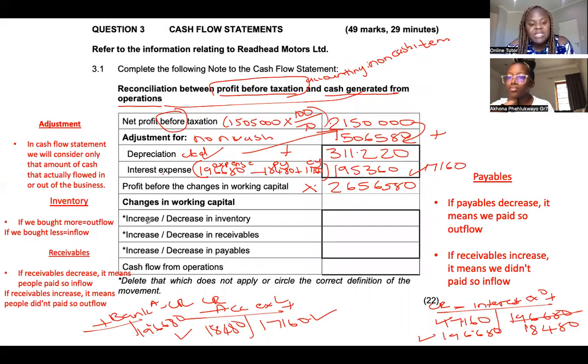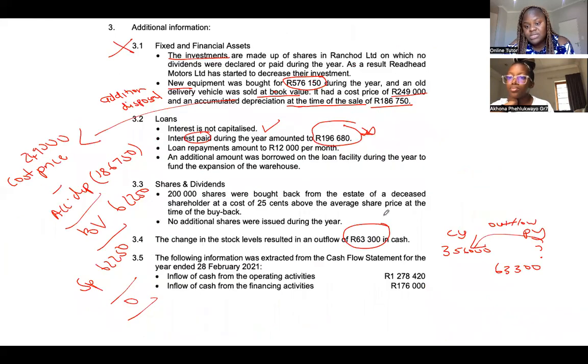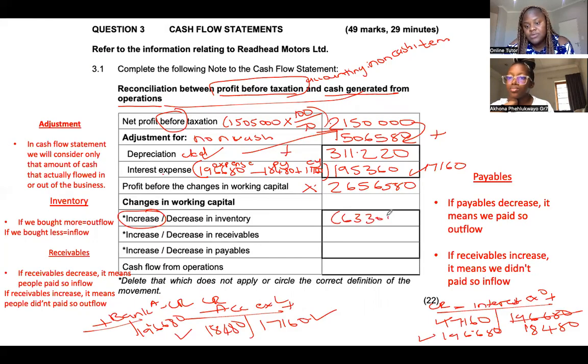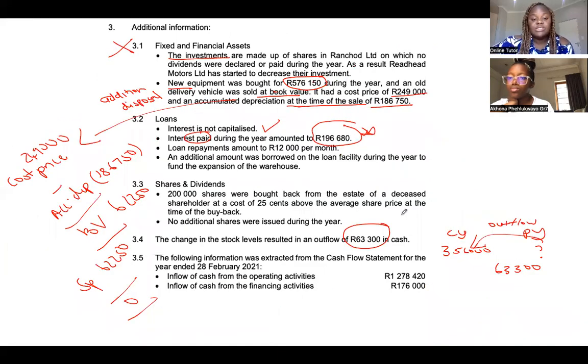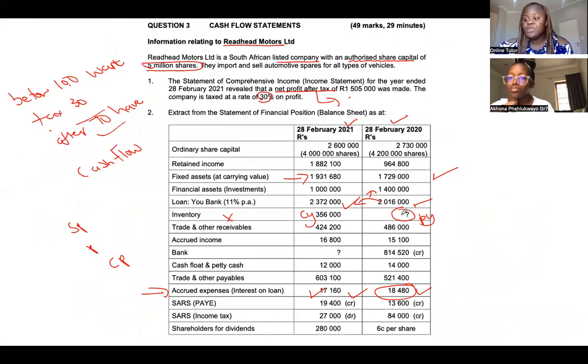Then we can say, did it increase or decrease? It increased, right? Do you agree? Yes. What was the 63,300? Cool. Now let's go and look at our receivables. What is happening with our receivables?